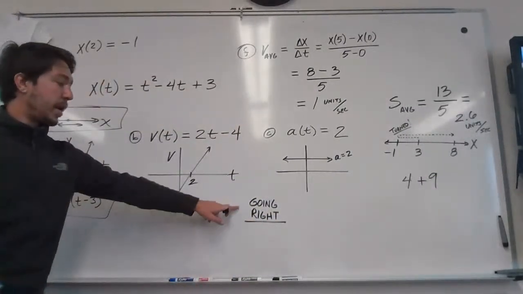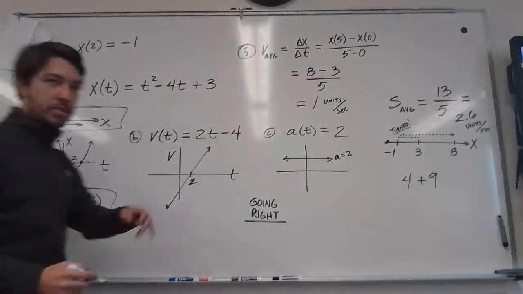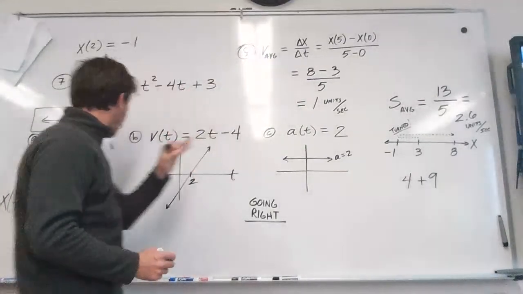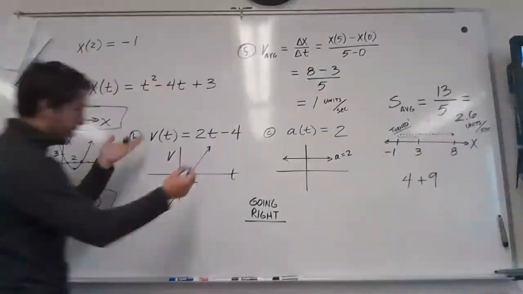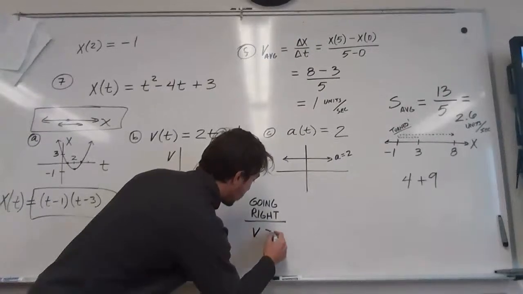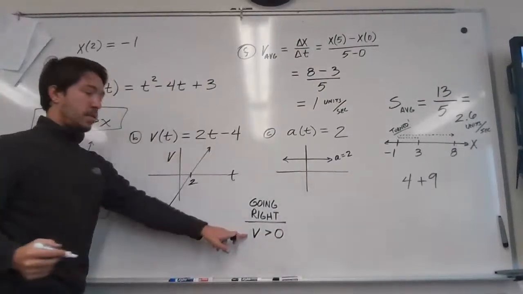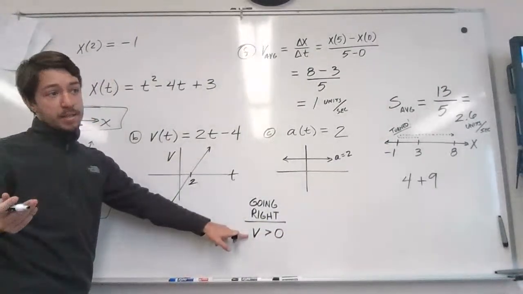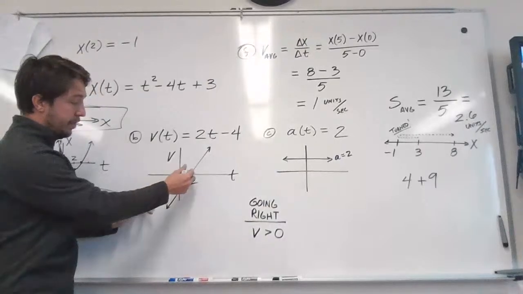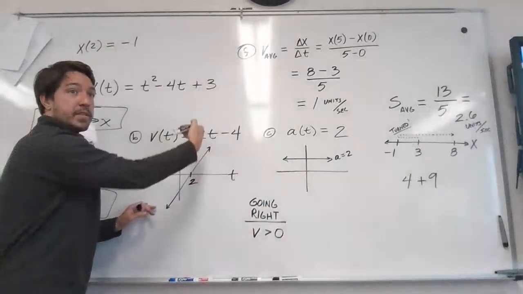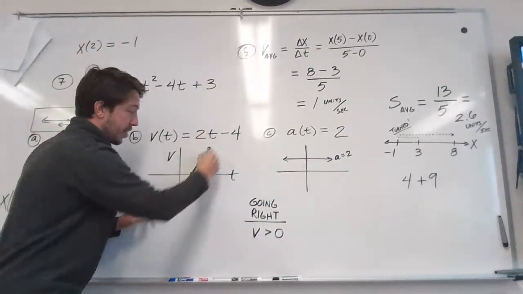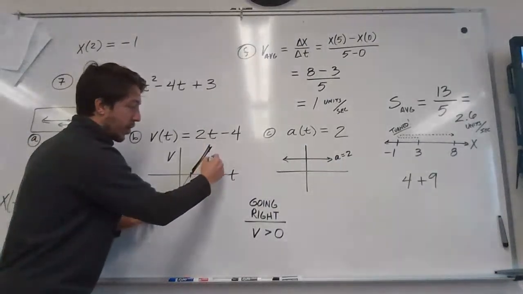Okay, so going right would mean there are 2 ways to think about it, right? Either I can think of that as my velocity being positive. Now again, how do you know velocity is positive? If the graph is above the time axis. So all this stuff here refers to going right.